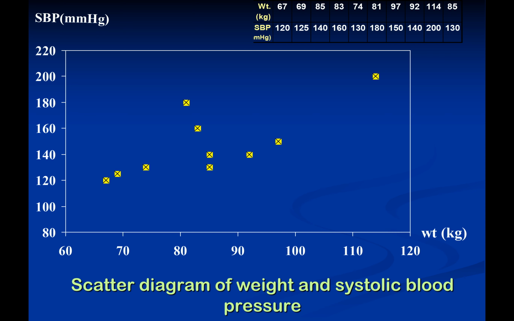The first is 67, 120, the second is 69, 125, and this ordered pair right here is 114 with 200 approximately.